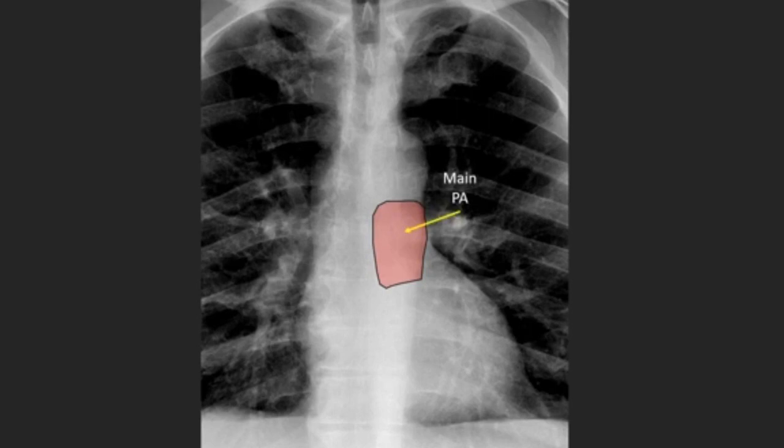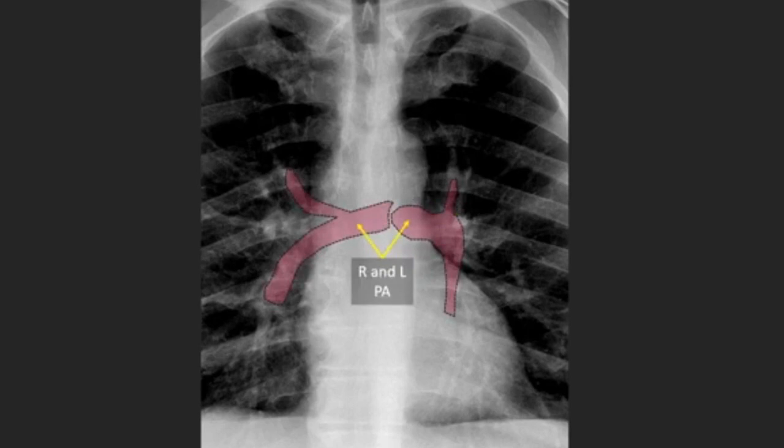It bifurcates to the right and to the left pulmonary artery. It's very difficult to see that in the x-ray, so that's why it's very important to know where the airways are. Just as a note as well, there's your interlobar pulmonary artery and your upper lobe pulmonary artery. Your interlobar artery goes vertically down.